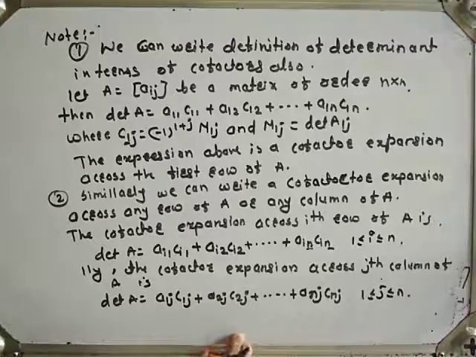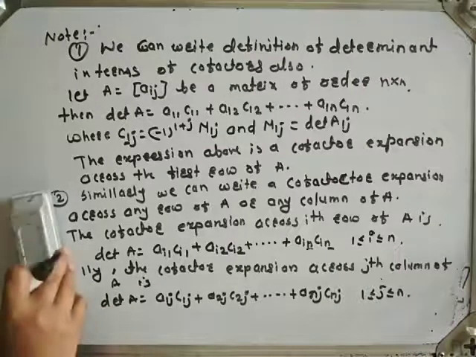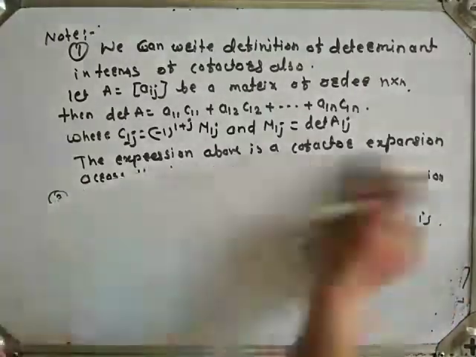Okay, this is the cofactor expansion across the jth column of A. Okay, let us take some examples.